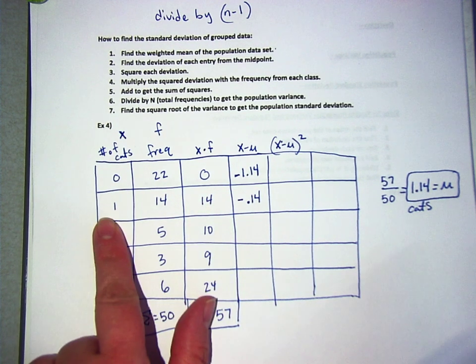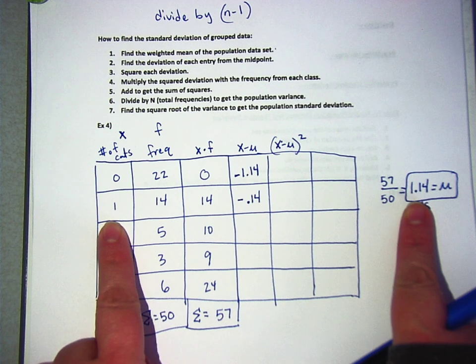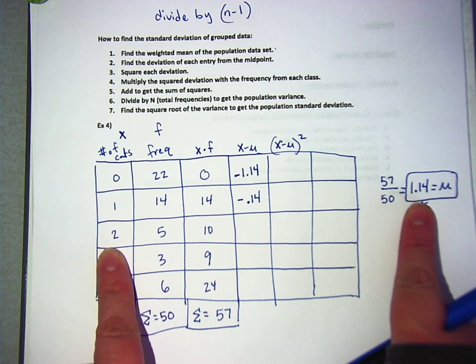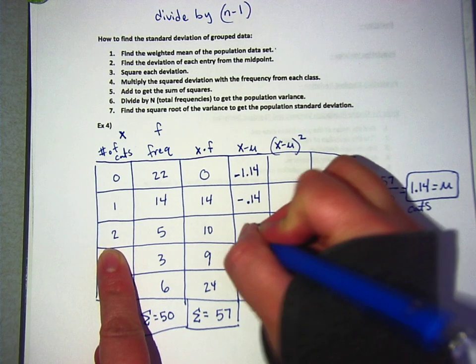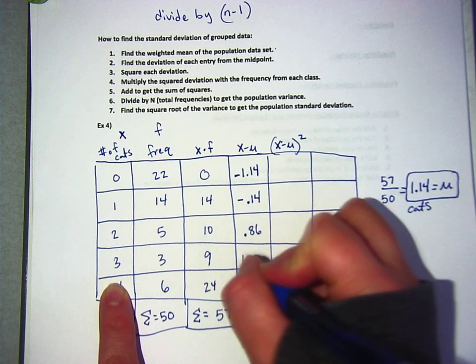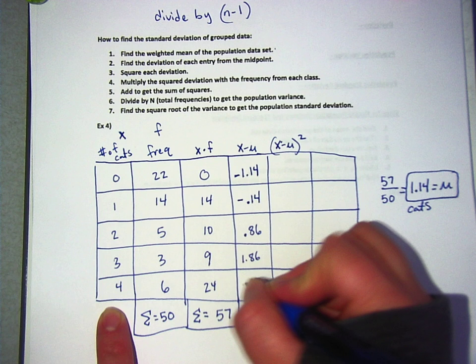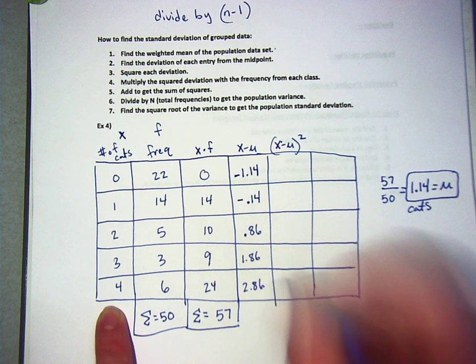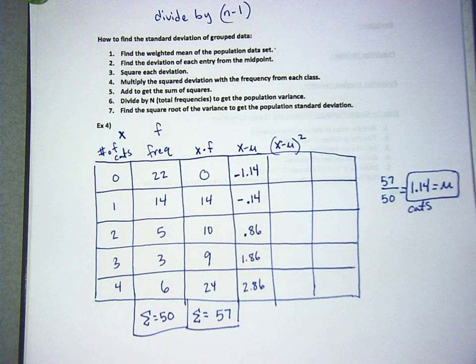So you're taking 1 minus 1.14 right now, and then 2 minus 1.14. So this one is 0.86 above. This one is 1.86 above. This one is 2.86 above. Then we square them all to make them positive.